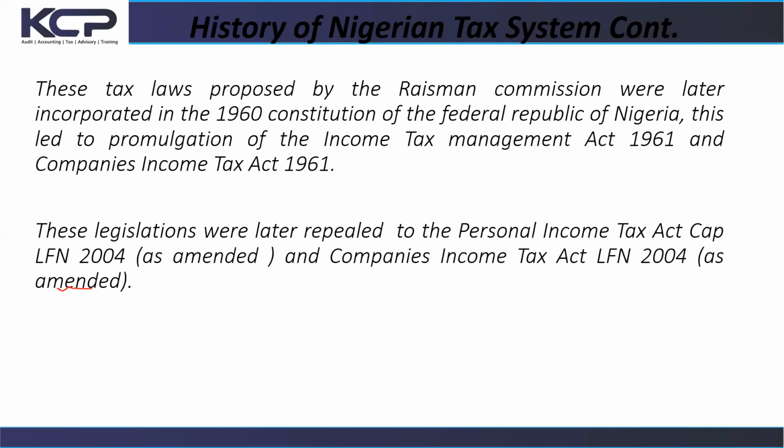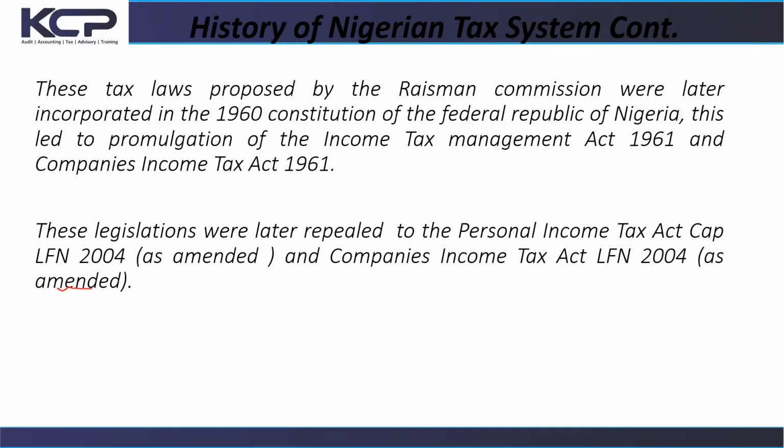And all of our tax laws derive their legal existence from our Nigerian Constitution. Therefore, if you see any tax that is currently being administered that is not traceable to our Nigerian Constitution, such tax is illegal.